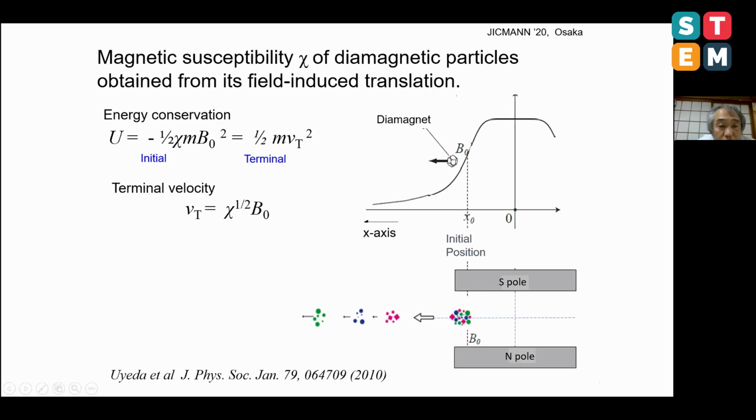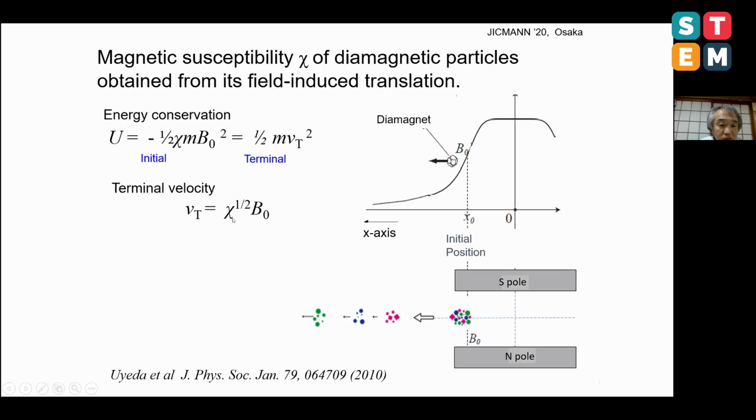And first, I start with translation. We prepare a monotonically decreasing field in microgravity condition, and we quietly release a diamagnetic particle in the magnetic gradient, and the particle will translate by repulsive magnetic force towards the zero magnetic field.